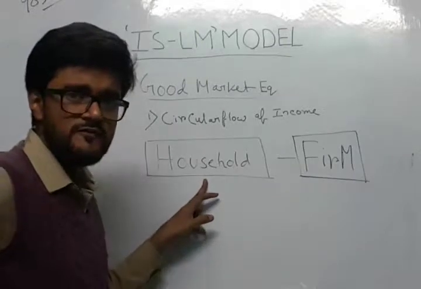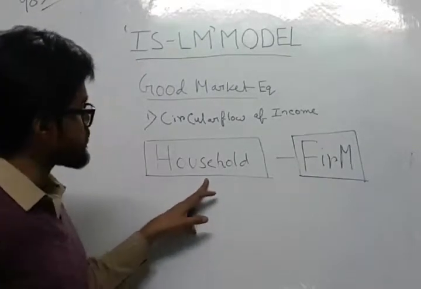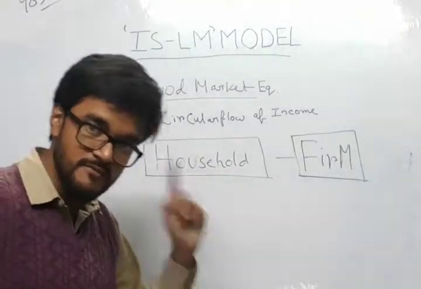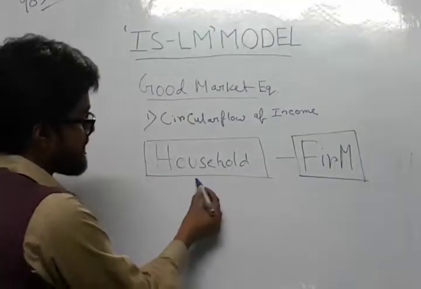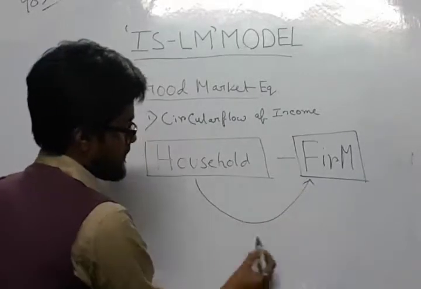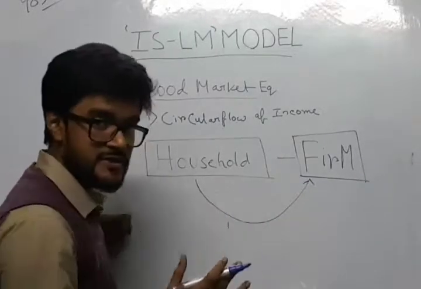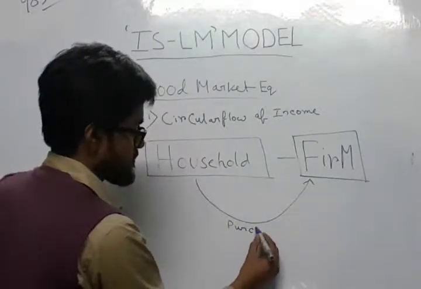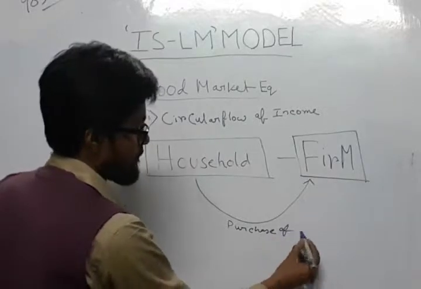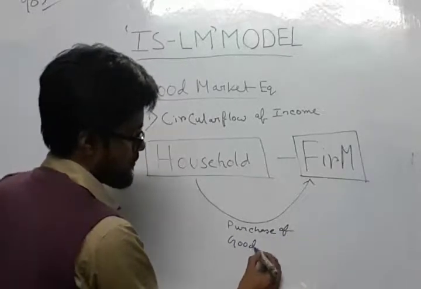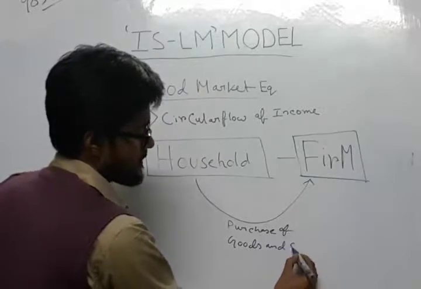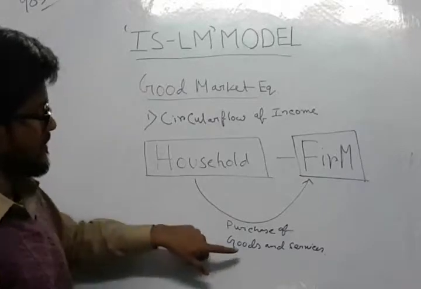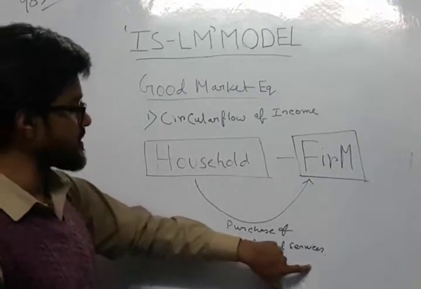What is the purpose of a household? The purpose of a household is to buy commodities from the producer, that is from the firm. So they will buy commodities from the producer, that is, purchase of goods and services.